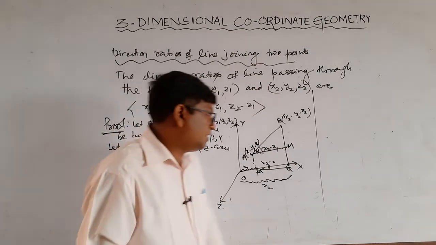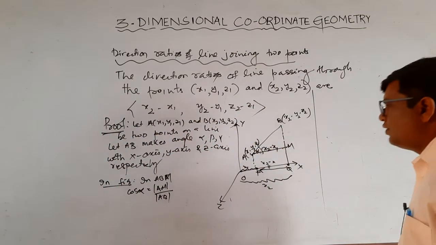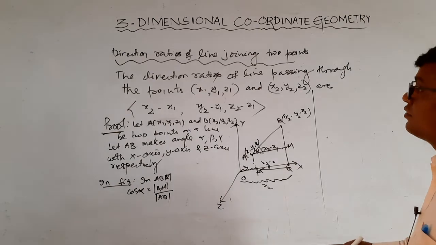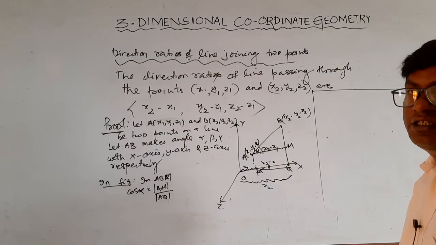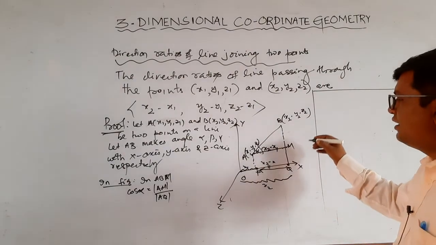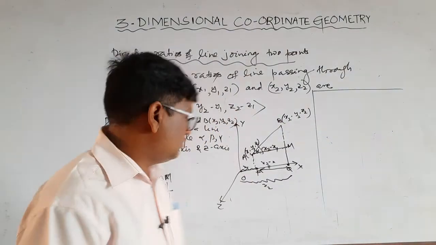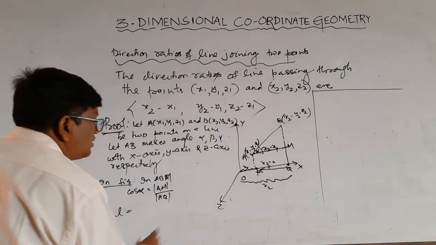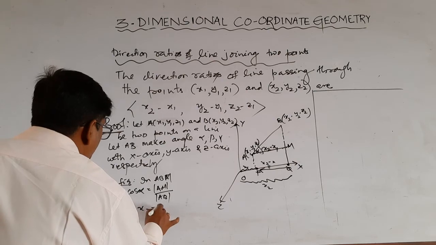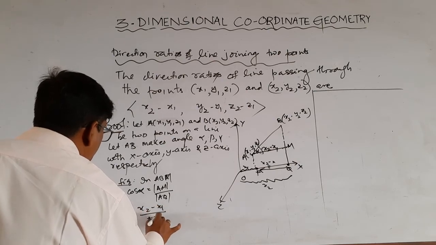So cos alpha, that is l, is equal to AM, which means l is equal to x2 minus x1 by AB distance.